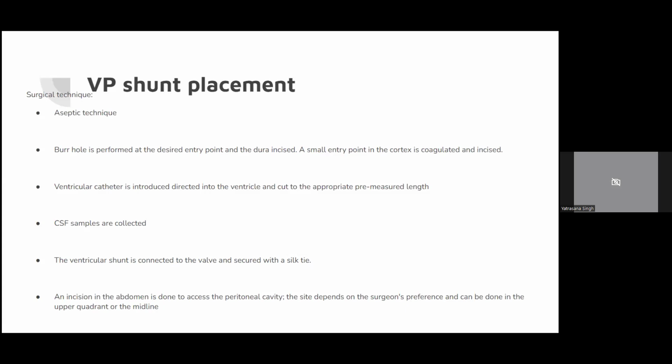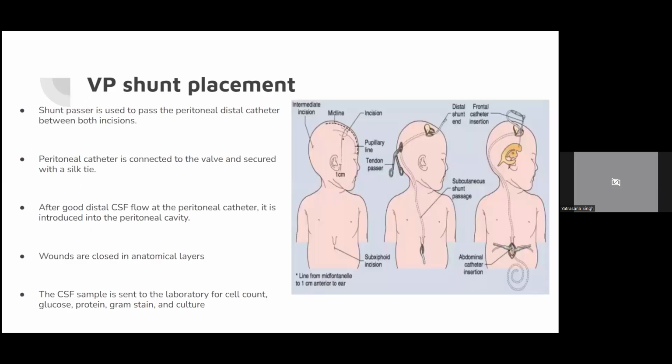Moving on to the abdomen, an incision is made to gain access into the peritoneal cavity. And the site, of course, depends on the surgeon's preference, whether there are any other procedures, as previously mentioned, such as a Mitrofanoff, if the patient has any lines in place, and can be done in the upper quadrant or the midline. The shunt passer is used to pass the peritoneal distal catheter between both incisions, and the peritoneal catheter is connected to the valve and secured with a silk tie.